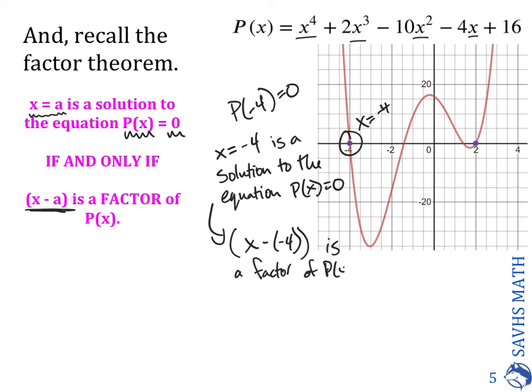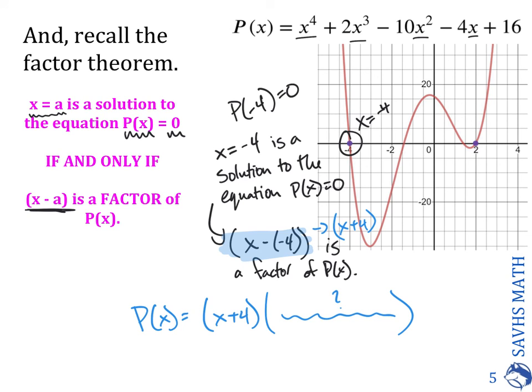of p of x. Okay, so what that means is, and by the way, I could rewrite this thing right here, x minus -4, as x plus 4. That's fine. What that means is you can rewrite p of x as x plus 4 times something else.